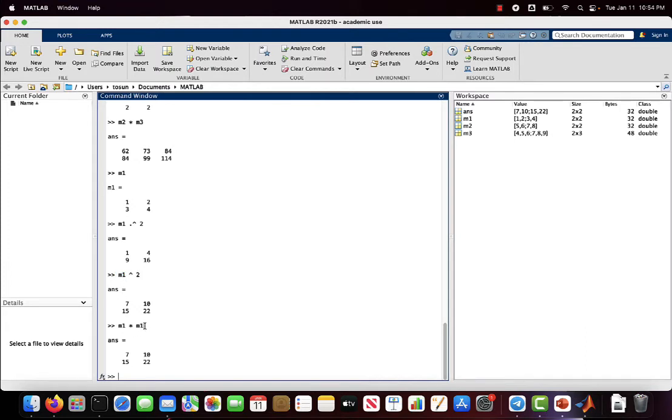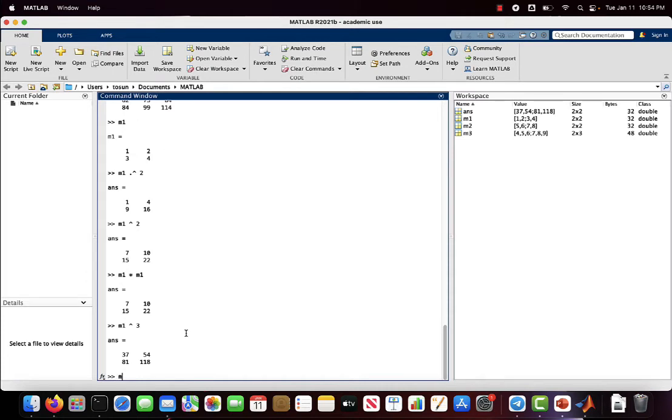So if you try to exponentiate M1 to 2, that means M1 times M1, and we can use M1 hat 3.